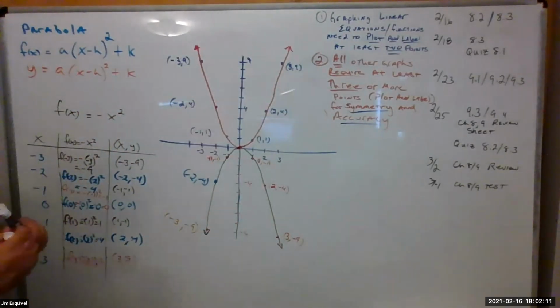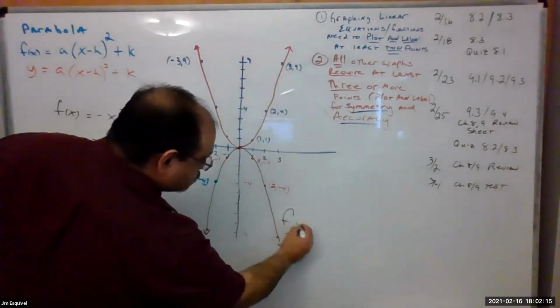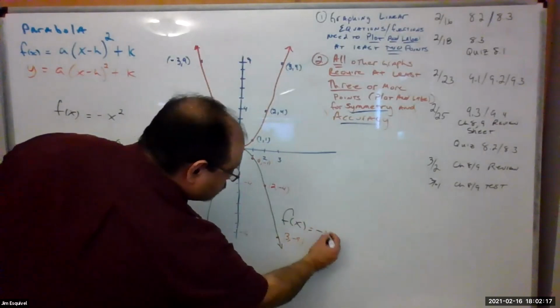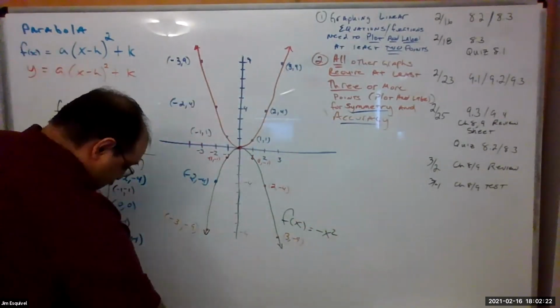Don't forget the arrows. So this is negative x squared, and up here, this is positive x squared.